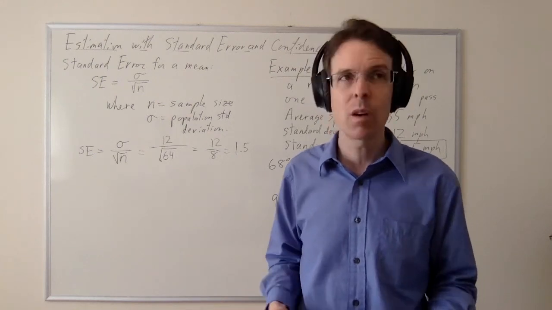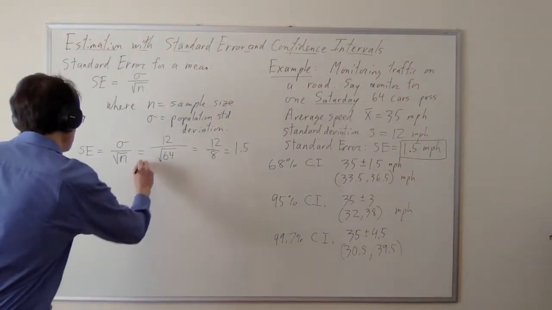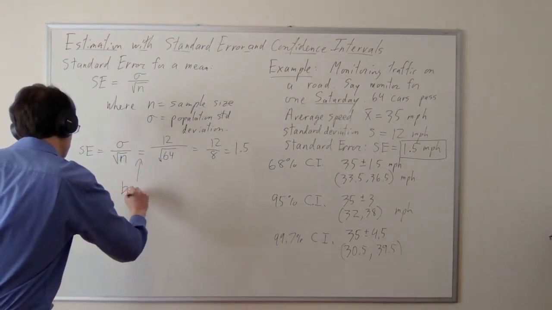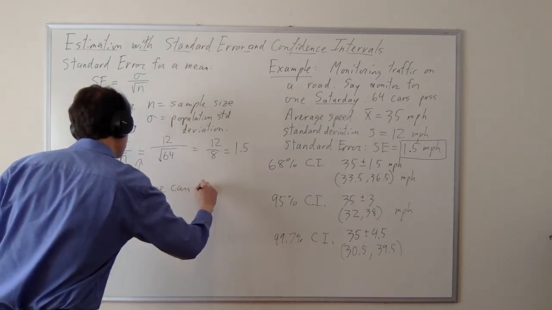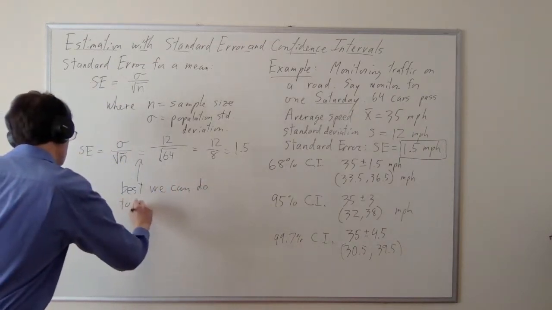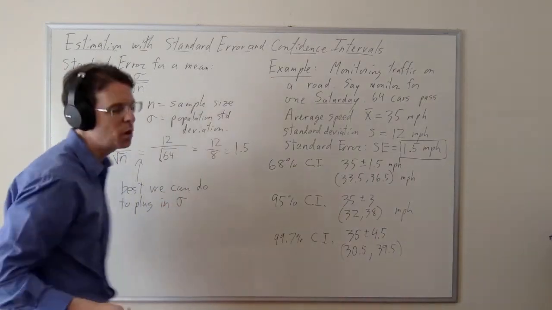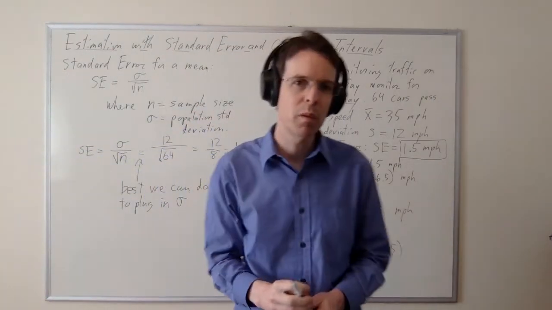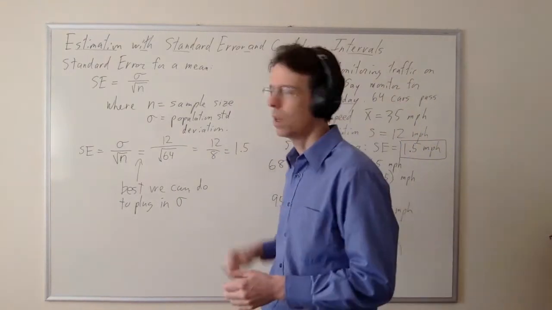And it might be slightly off, but that's the best that I can do. So this is the best we can do. To plug in sigma. It's the only thing that we can do because we don't actually know the value of sigma, but we do know the value of S, and it's probably pretty close, and so we'll plug it in. And so that's how we get the standard error.